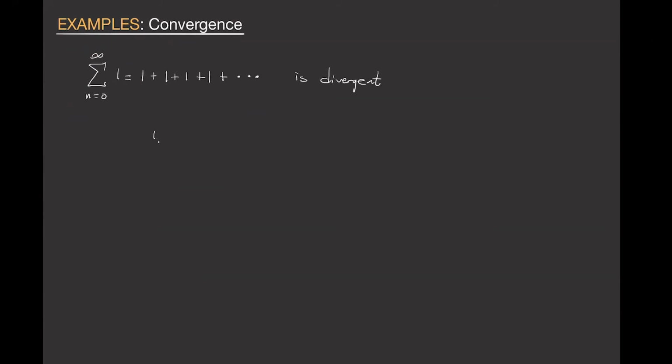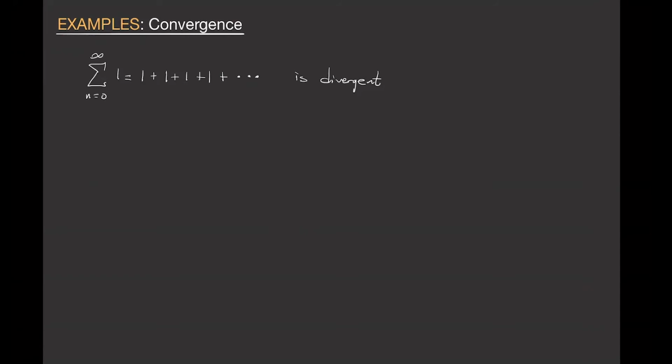If you think it's 1,000,000,000, you can add up the first 1,000,000,001 terms and get something larger than 1,000,000,000. So it can't add up to 1,000,000,000. And this is true for any finite number you pick. No matter what, you can get this sum to be larger than any single finite number. Therefore, it can't be any finite number. That shows that it's divergent.